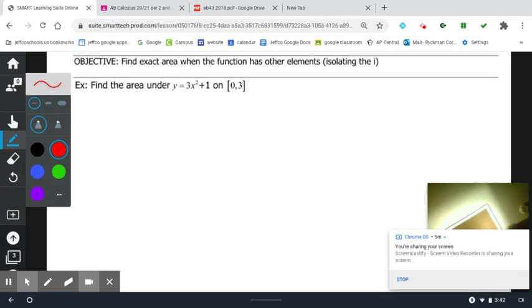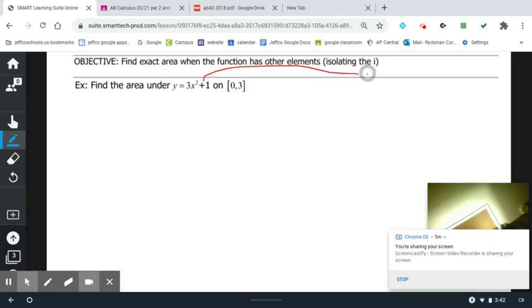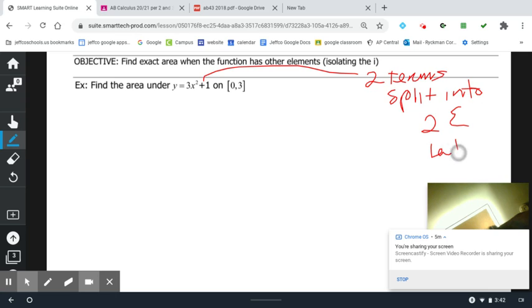So write that down for your notes. 2 terms. We're going to split into 2 sigmas later. You'll see. All right. So let's start by writing the summation notation. See how you're doing. Will you give that a go?